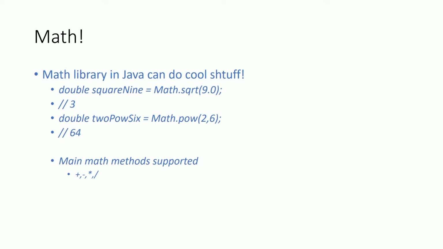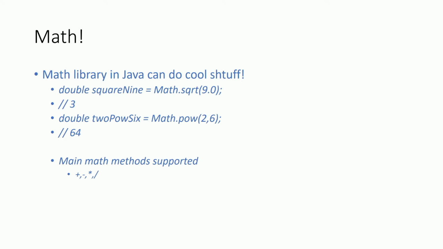Java has a great math library that allows us to do all kinds of different operations, like a square root or the power. You can see I've listed those there, and I've used the double in those cases. But of course, you can use all kinds of different data types.